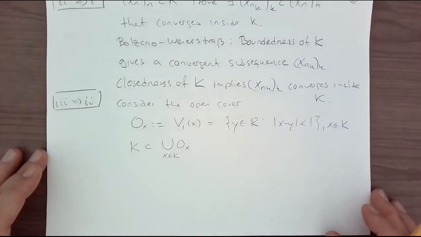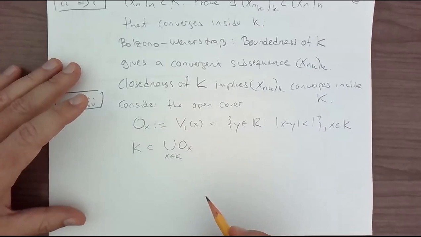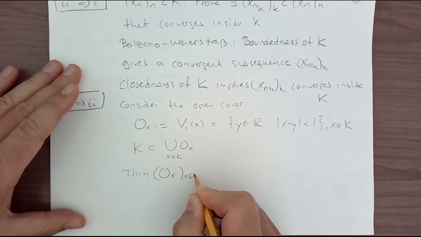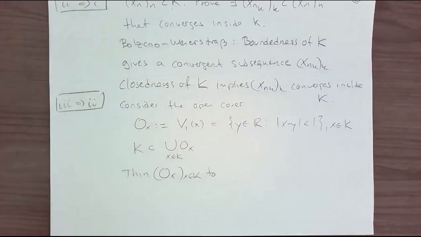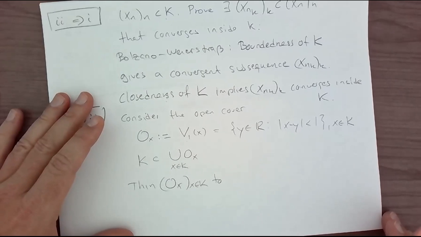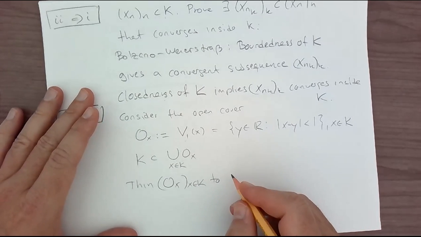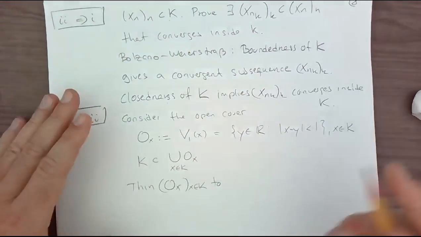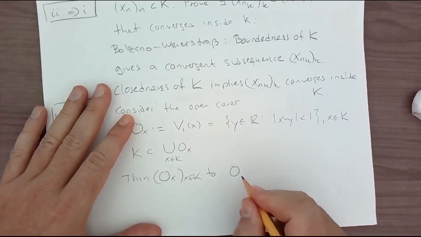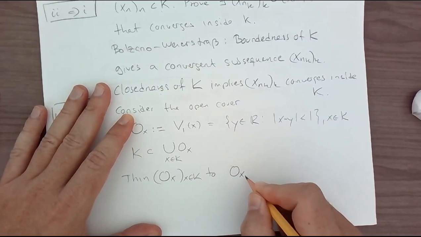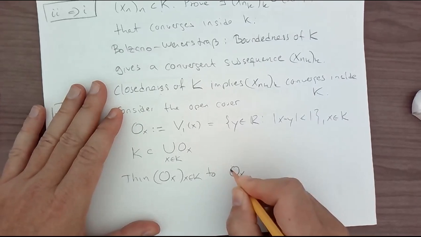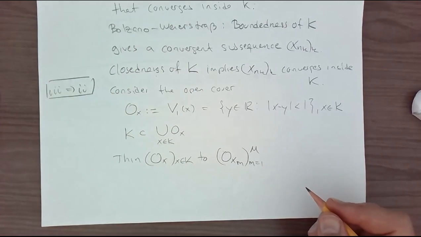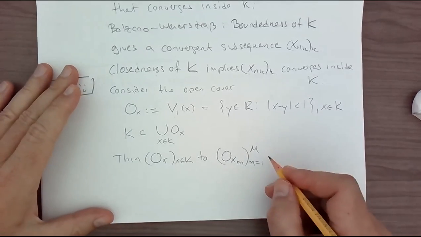And then the assumption is that K satisfies that we can thin this OX to just a finite number. Let's write it as OX1 up to OXM. So you can thin it down to this.